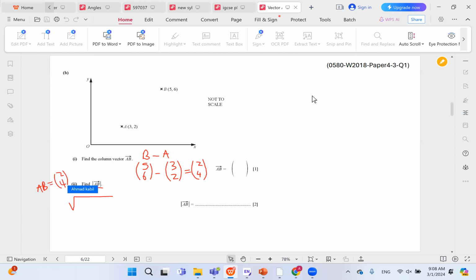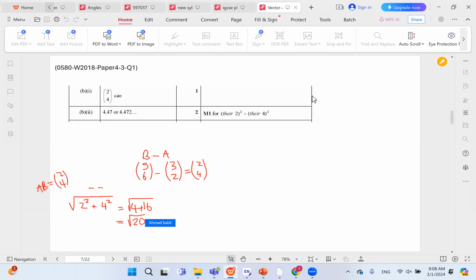So we simply write 2 squared plus 4 squared, and this would be root of 4 plus 16, which is equal to root of 20. So therefore, part (i) is (2, 4), and part (ii) is root 20.